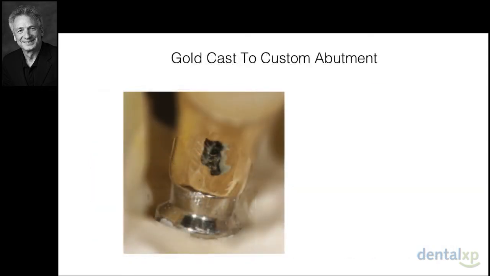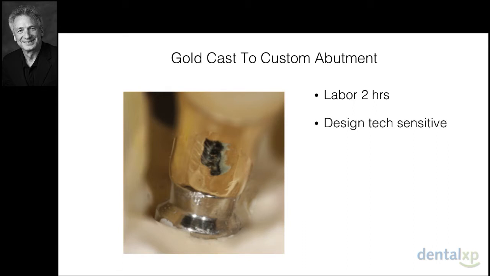So let's look at some of the aspects of this on an individual basis. First, the labor of doing this abutment was approximately 2 hours, and that included wax-ups, investment, casting, finishing. All of these things are very important.